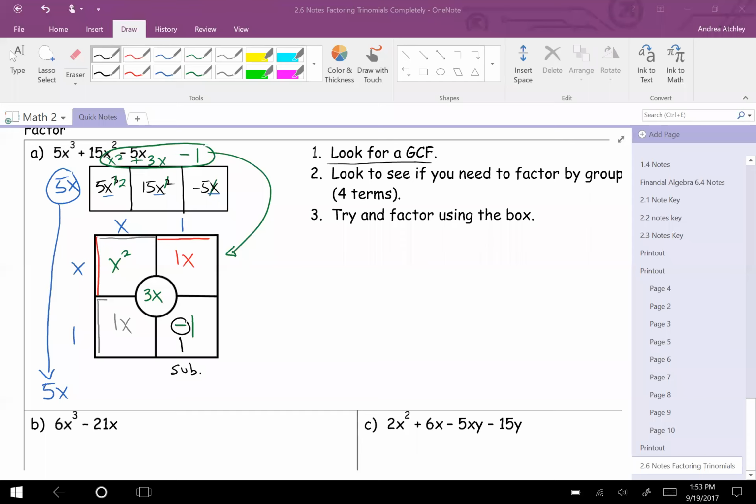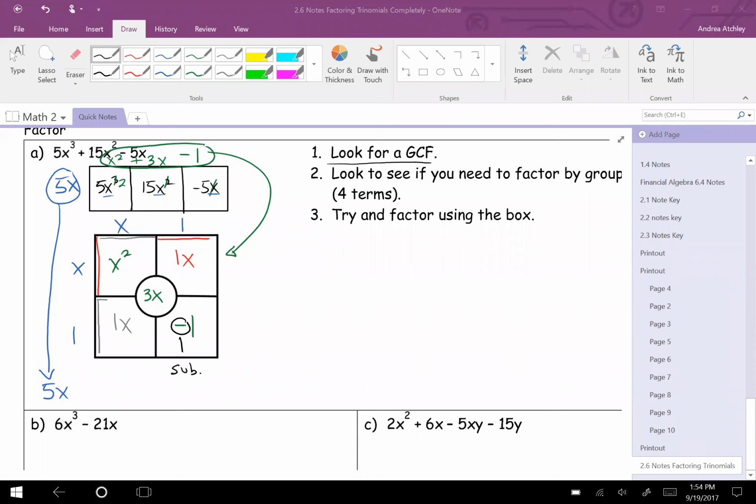If I subtract the 1 and the 1, do I get 3? No. If I switch the 1 and the 1, would that change anything? No. Is there anything else that multiplies to 1 other than 1 times 1? Is there anything else that multiplies to x squared other than x times x? Okay, so we're done.